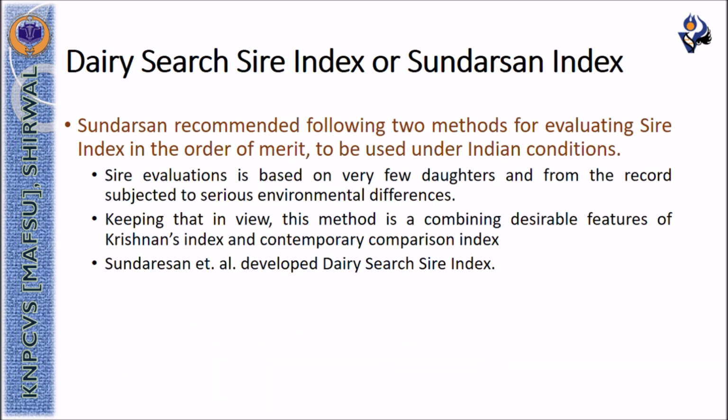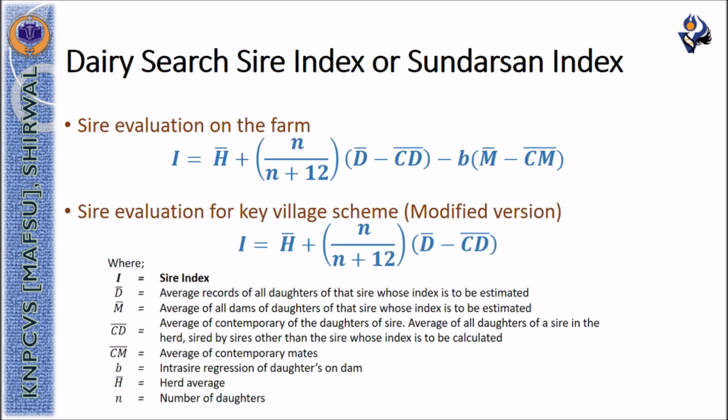Dairy Search Index or Sundarsan Index utilizes the formula in two different forms. If the sire evaluation is performed on the farm, then the formula H bar plus n divided by n plus 12 multiplied by D bar minus CD bar minus B multiplied by M bar minus CM bar is used.